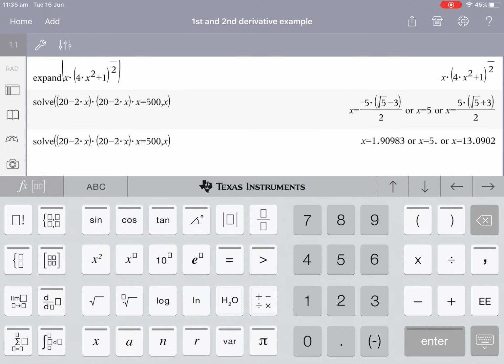To help you visualize, I'm going to change them to decimals. So if x equals 1.91, or if x equals 5, or if x equals 13.09, then I would have my solutions.